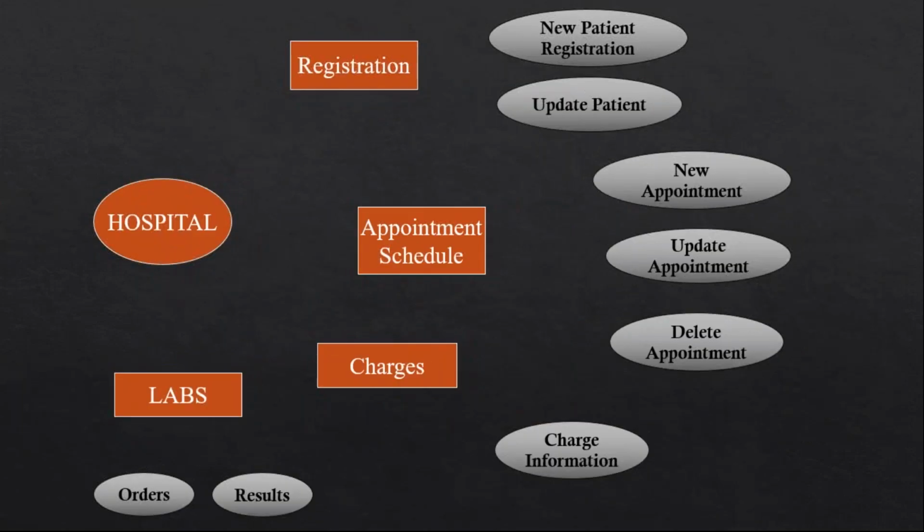Now each of these major events is divided into sub-events. When we look at patient registration, there are two events that are possible: new patient registration and update patient registration. An update is pretty much self-explanatory.